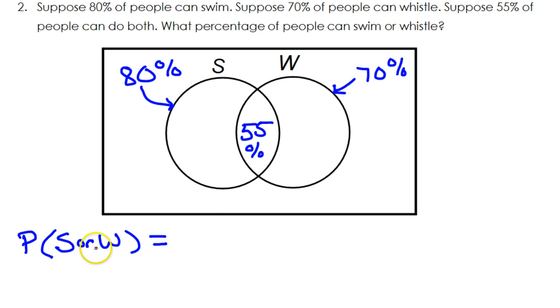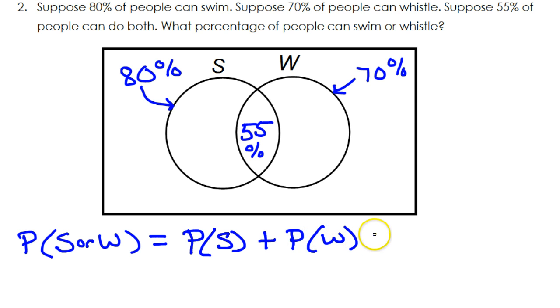Like I said, the formula says we can take the percentage of people who swim, that's the 80%, and add the percentage of people who whistle, but we can't stop there because we've just counted this overlapping part twice. So we need to subtract the percentage of people who swim and whistle, the overlapping part.